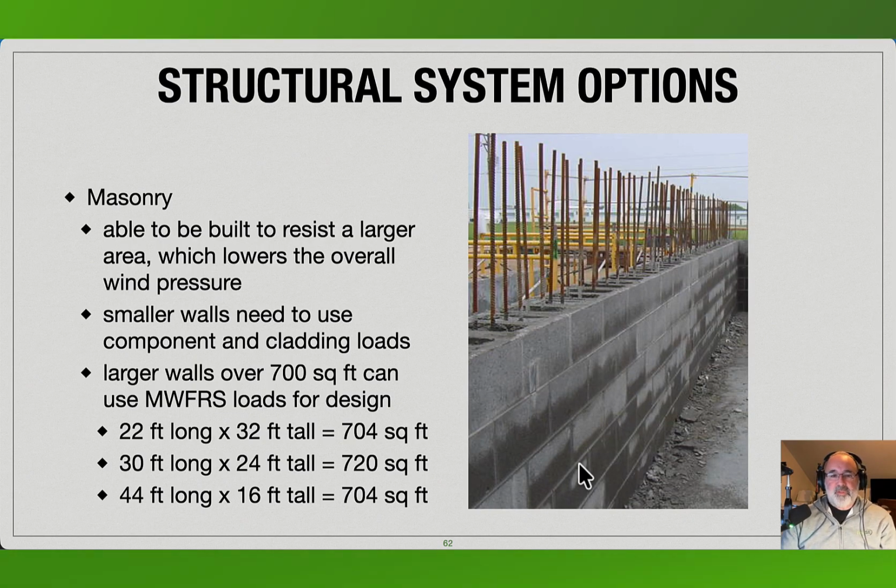So something that's 22 feet long and 32 feet high, or 44 feet long and 16 feet high, gets to that overall area that addresses utilizing the entire system together as one monolithic element, instead of having smaller elements trying to pick up some of the higher stress forces that could happen for buildings.